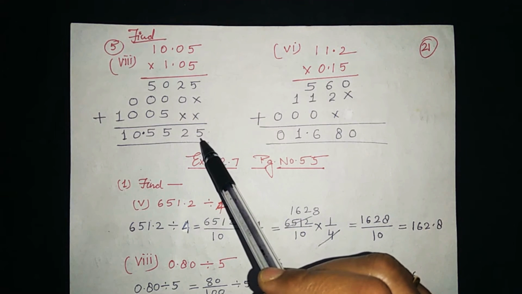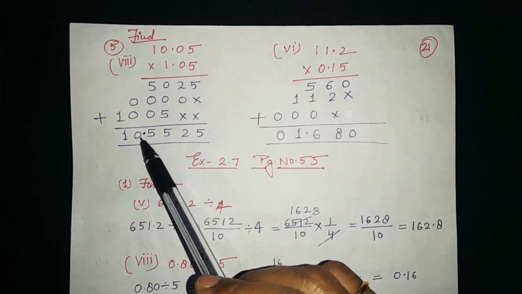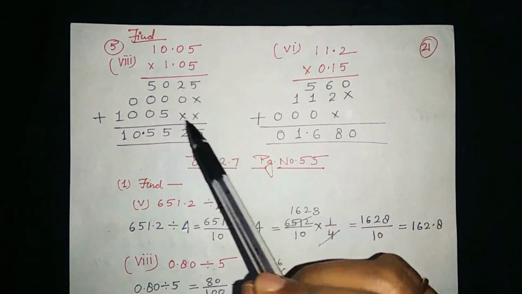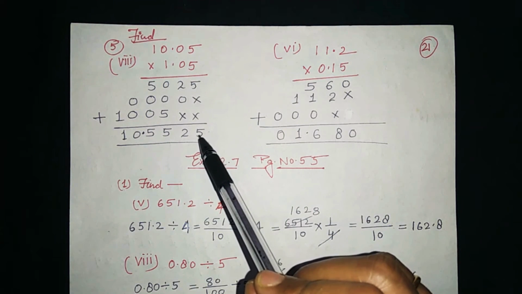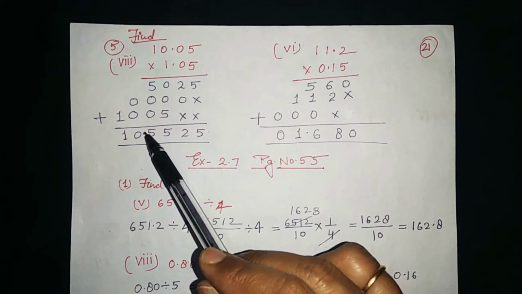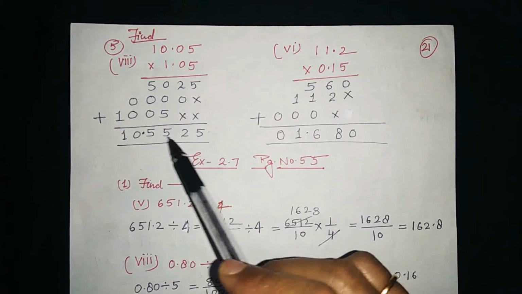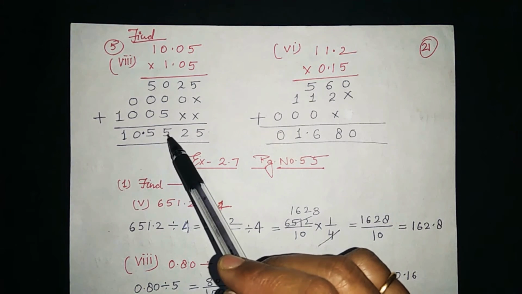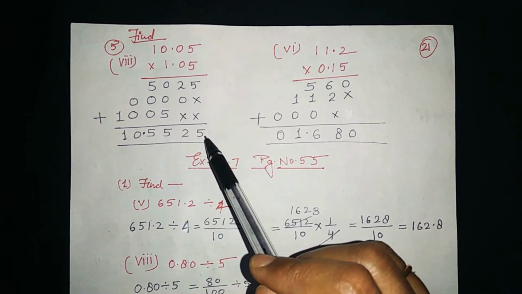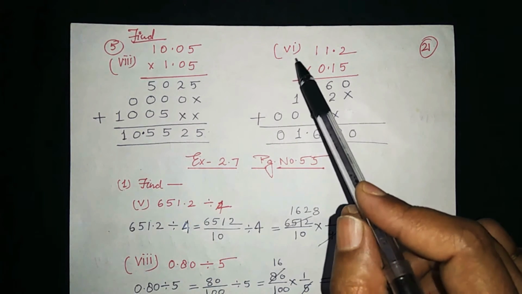You will leave 4 digits from the last and then you will put the decimal. 1, 2, 3, 4. So here we will leave these 4 digits, and then we will put the decimal. And the answer will be 10.5525.